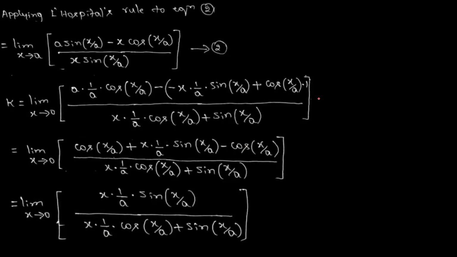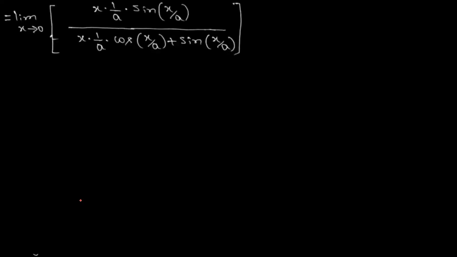Yes, we have applied the LH rule and we have simplified till here. Now what next? We need to apply the limit and check whether we get finite answer or not again. Let us apply the limit now. Here I have taken the same step from the previous slide. Let us apply the limit now.